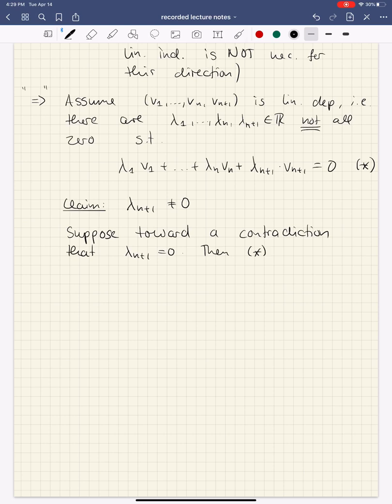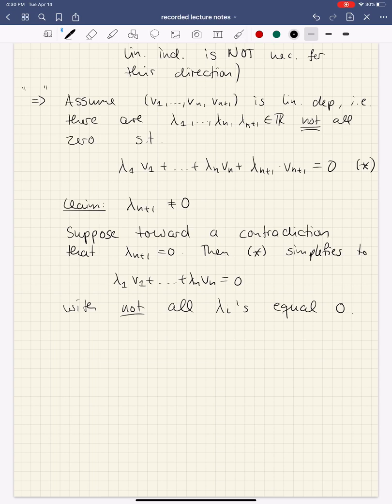Then star simplifies to this shorter linear combination being equal to 0, but you still have the condition that not all of the lambda i's are equal to 0.